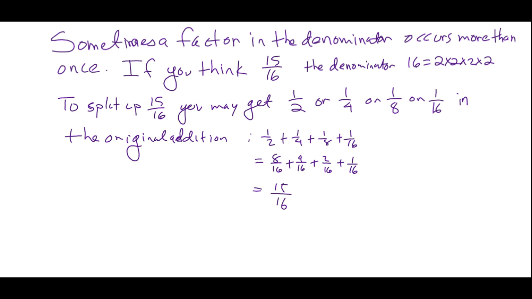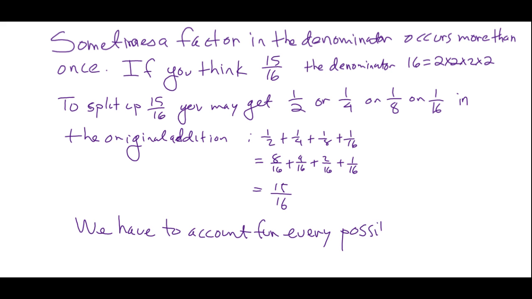Now, we're dealing with slightly more complicated expressions, but we have to account for every possibility. We might not have them all, but we need to be able to account for them all.